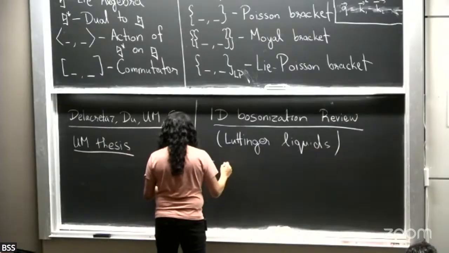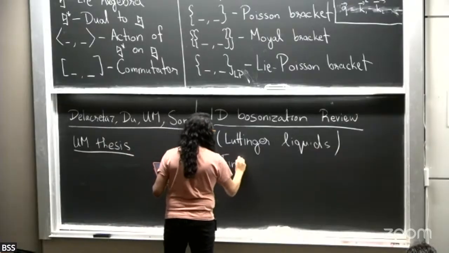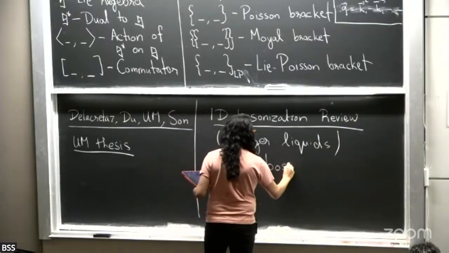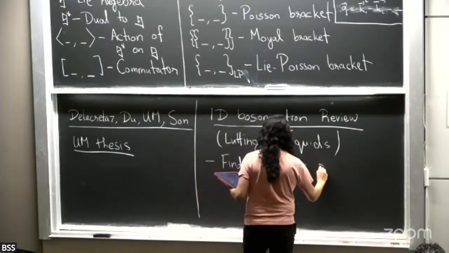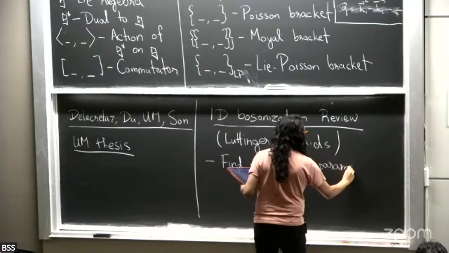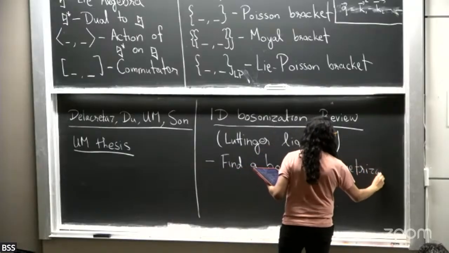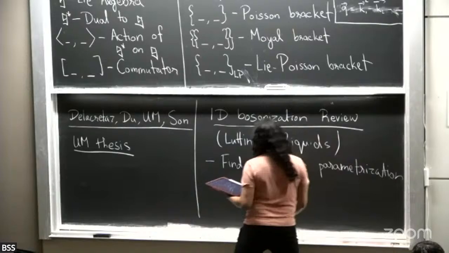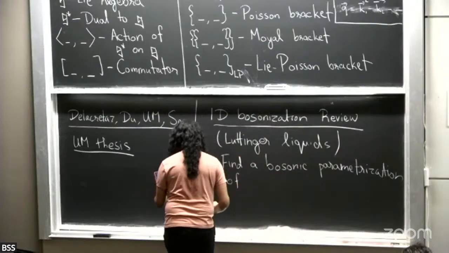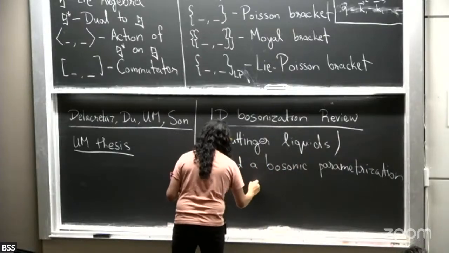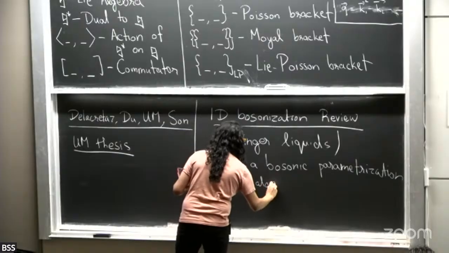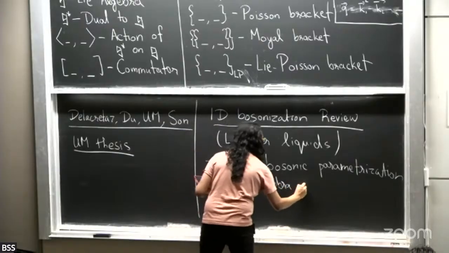Okay, so what is the general philosophy behind bosonization? Step 1, you find a bosonic parametrization of an algebra of observables. For example, in this case, it will be densities.